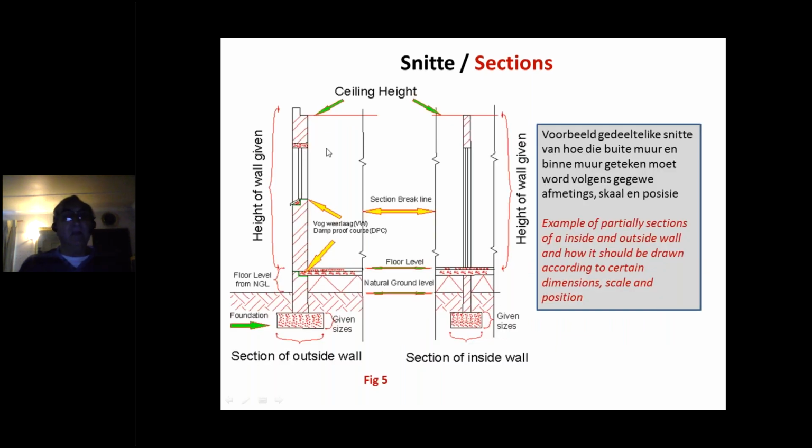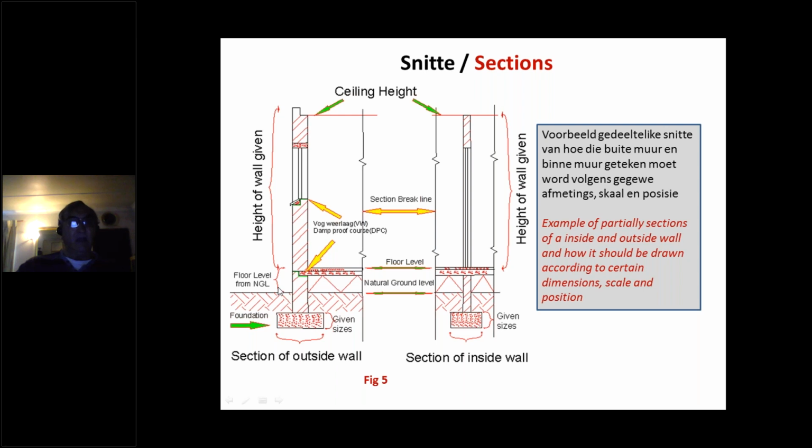Now this is an example of the section in two ways: the outside wall or an inside wall. This is a section of an outside wall and a partial section, gedeeltelike snit. Binnemuur, buitemuur. Inside wall, outside wall.